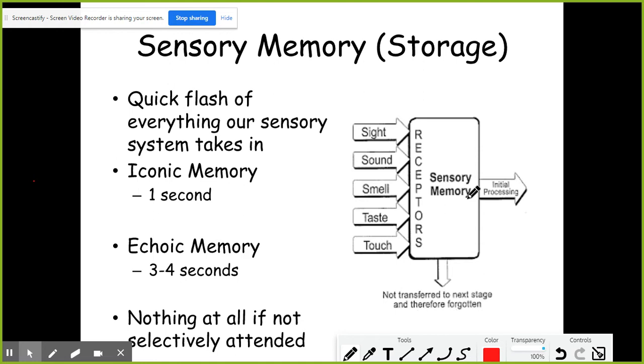Yeah, iconic, like an icon on a computer, all right? Photographic is not a sense. Vision. Our sensory memory for visual information lasts for a little less than a second, unless we are selectively attending to it.